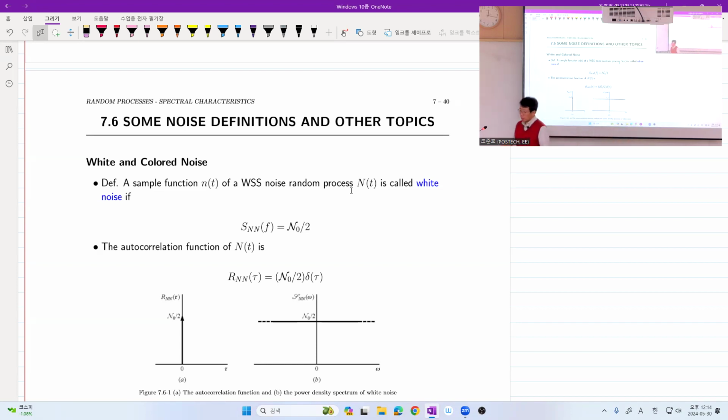In that case, what happens? This is the power spectrum. And its inverse Fourier transform, which is the time average autocorrelation, becomes a delta function, which means that samples at t and at even a small offset are orthogonal random variables. Okay, something like that.